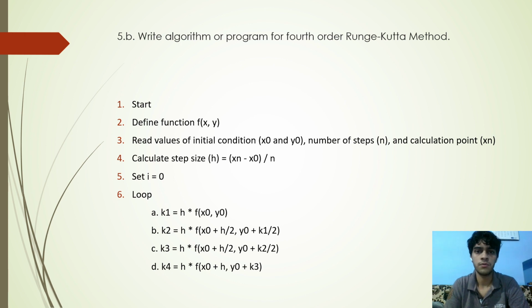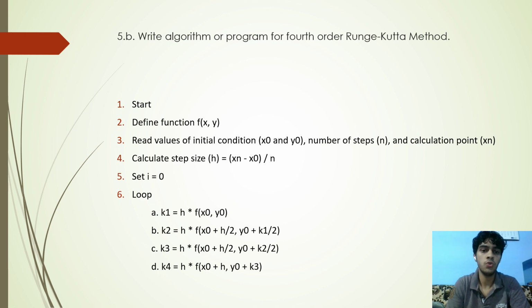Write an algorithm or program for the fourth order Runge-Kutta method. Okay, so let's start with the very first step, which is start. Then we will define the function f(x,y). Then we will read the initial conditions x0, y0, the number of steps n, and the calculation point xn. Then calculate the step, which is h equals (xn minus x0) divided by n.